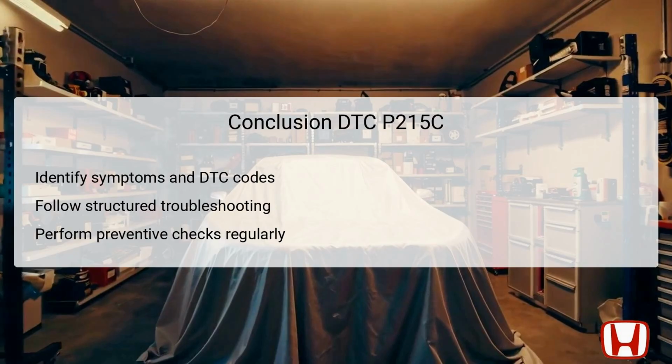It is imperative to utilize tools such as the Honda Diagnostic System for effective diagnostics and monitoring. Once repairs are made, verification through additional test drives ensures that the issue is resolved. Finally, adopting preventive checks can significantly diminish the chances of similar issues occurring in the future, promoting overall vehicle reliability and safety.